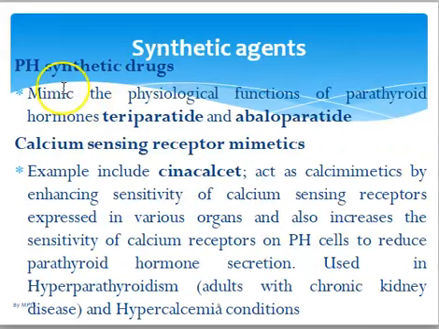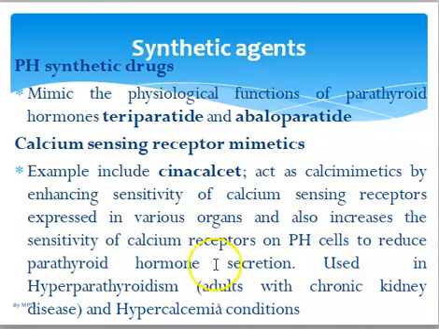Now, which are those drugs which may mimic the parathyroid effects? We have teriparatide and abaloparatide. There are also calcium sensing drugs, or calcimimetics, such as cinacalcet. It mimics the calcium level, enhancing activity at calcium sensing receptors expressed in various organs, and also increases the sensitivity of calcium receptors in the parathyroid cells to reduce parathyroid hormone secretion.